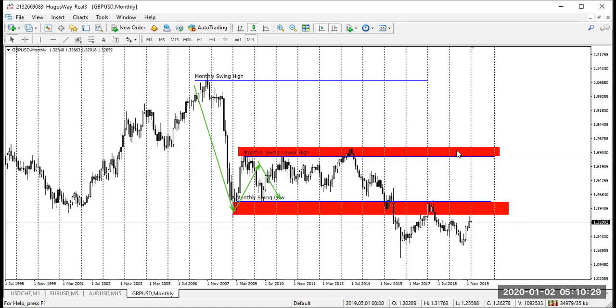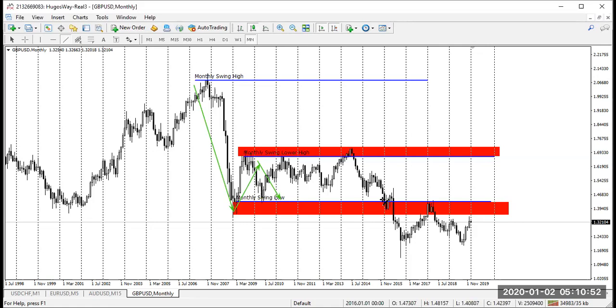All right, now go ahead and highlight this zone. Notice whenever I'm highlighting a swing low, I'm using the close of the last bearish candle that made that happen.